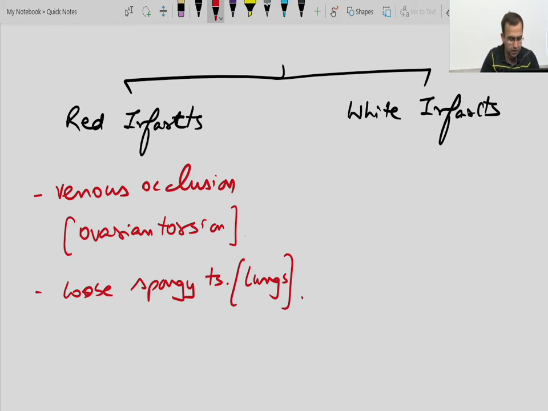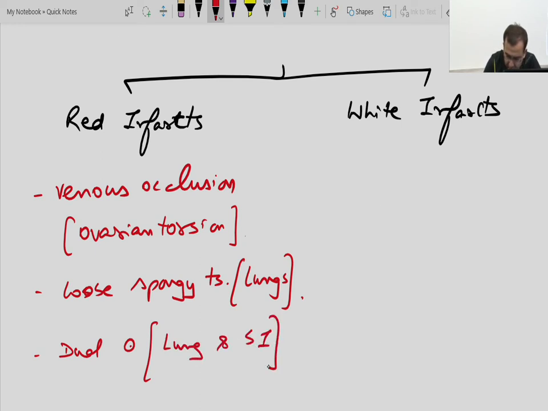So lungs are associated with red infarcts, not white infarcts. Next, red infarcts are seen in areas of dual circulation, like lungs and small intestine.